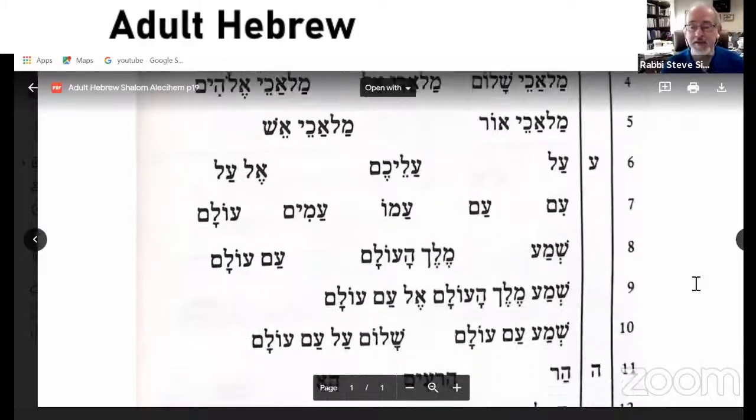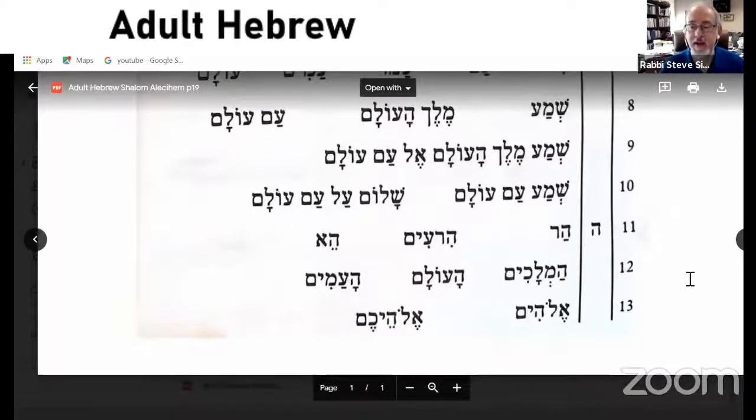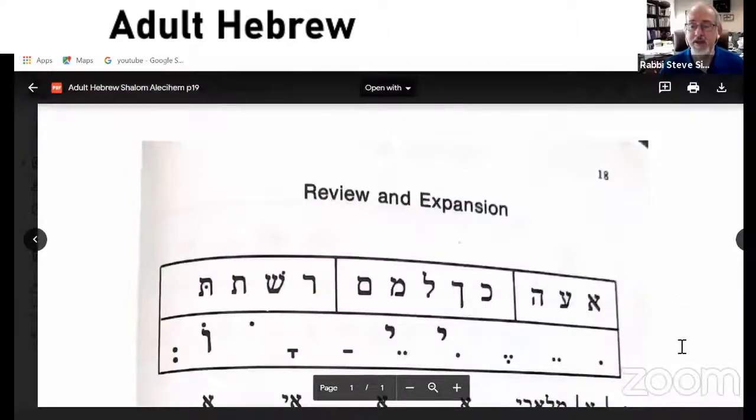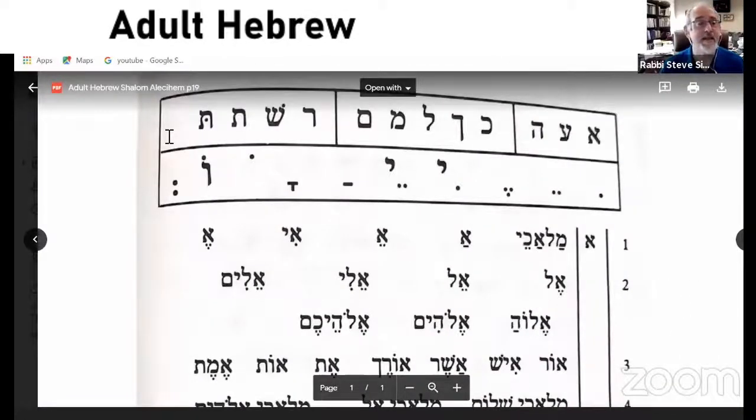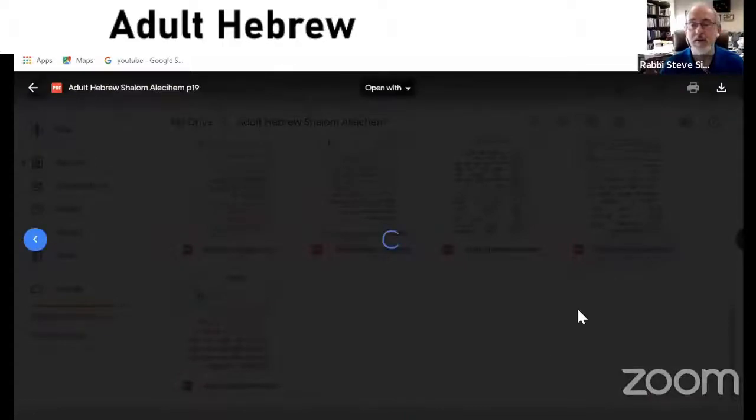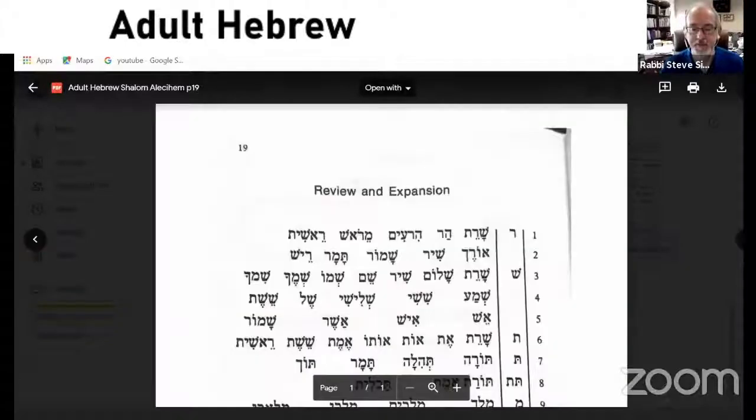So you can access this. Page 18, lines 1 through 13. And then the next page should be here as well. There it is. Page 19, review and expansion.